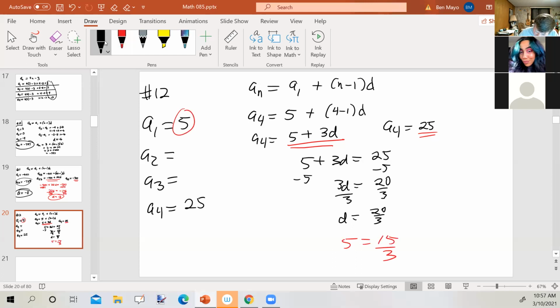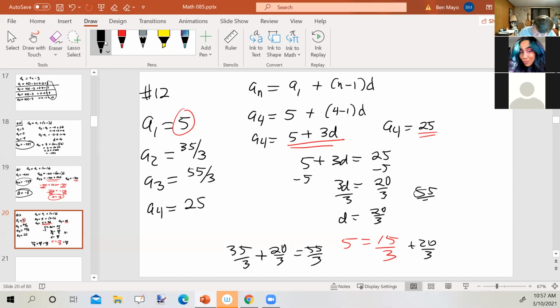So 15 thirds plus 20 thirds would be 35 thirds for a sub 2. 35 thirds plus 20 thirds would be 55 thirds for a sub 3. 55 thirds plus 20 thirds would be 75 thirds for a sub 4.